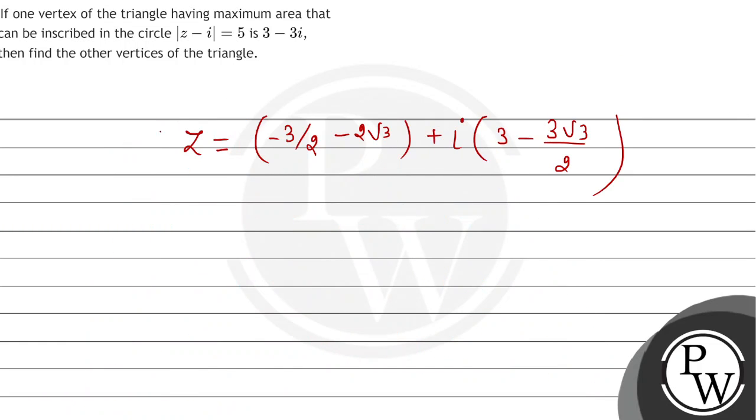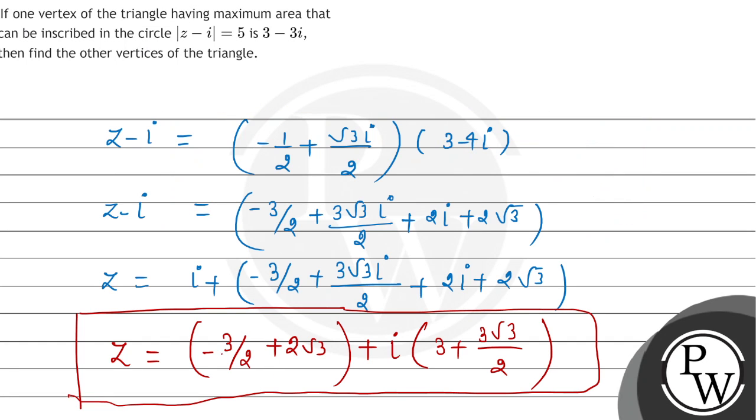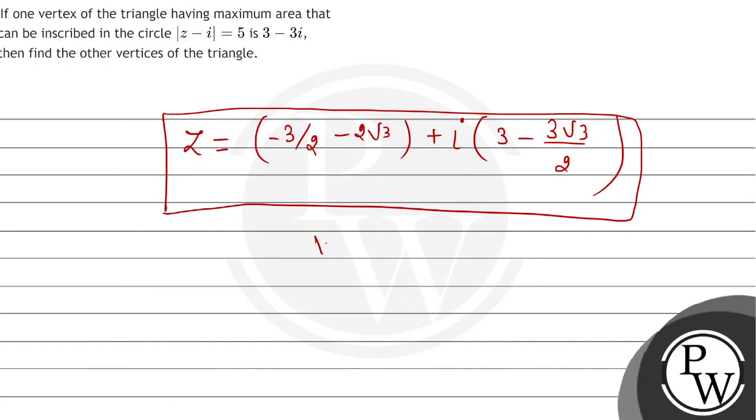So finally we have both vertices, vertex 1 and vertex 2. So hope you understood it well. Best of luck.